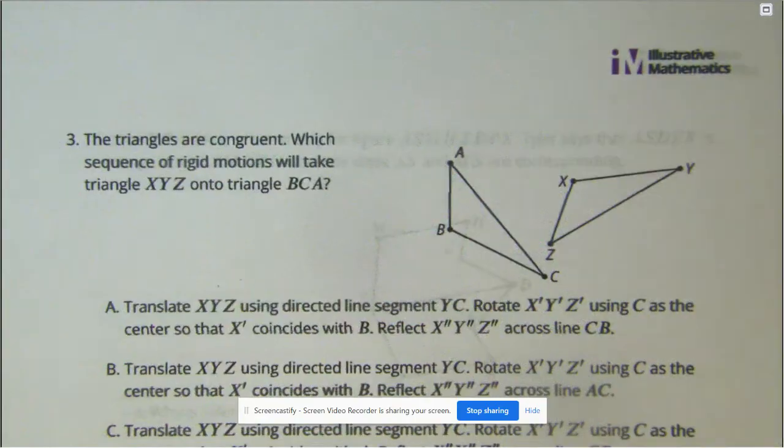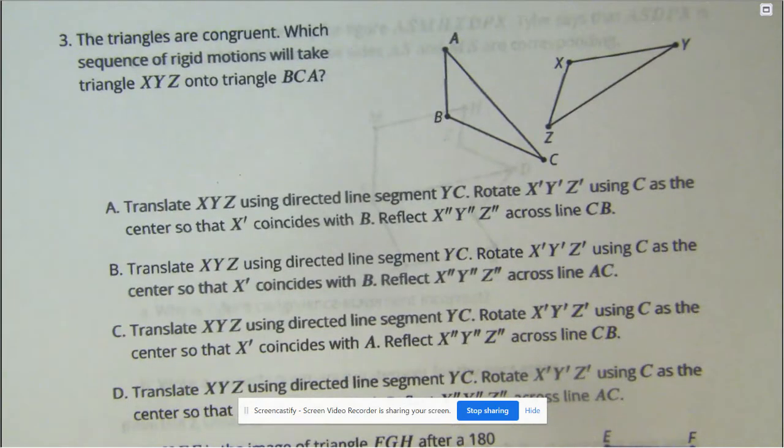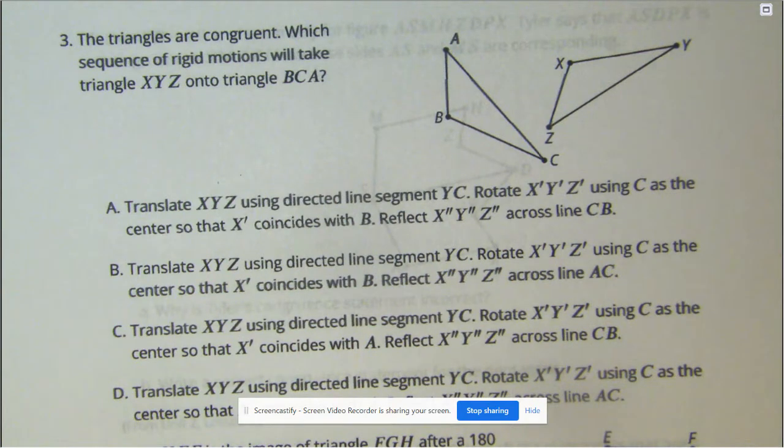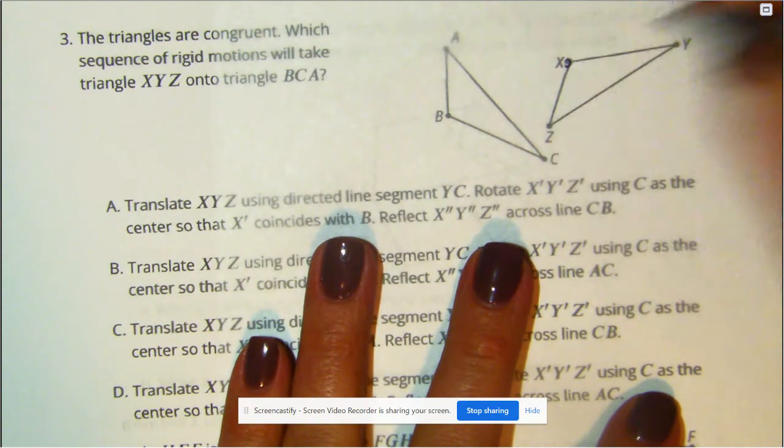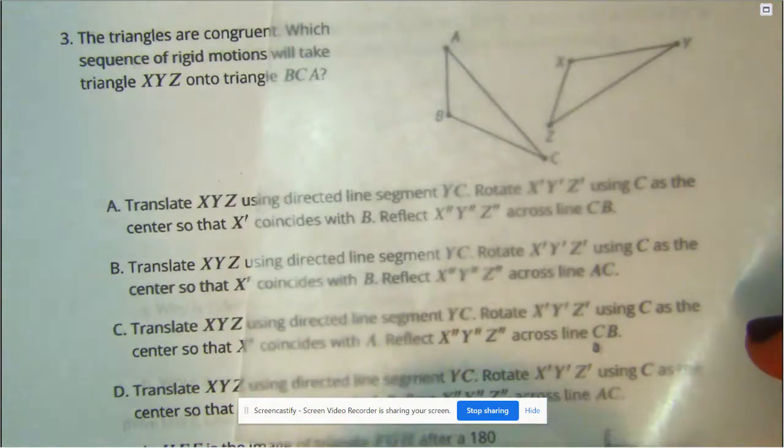Number 3, the triangles are congruent. Which sequence of rigid motions will take triangle XYZ to triangle BCA? There's really no way to do this but to run through them. So I'm taking XYZ.